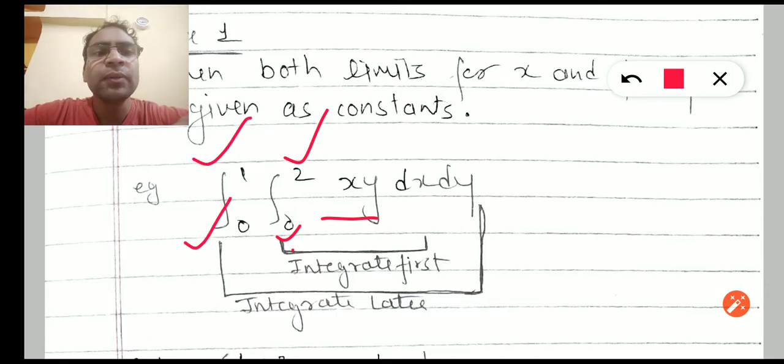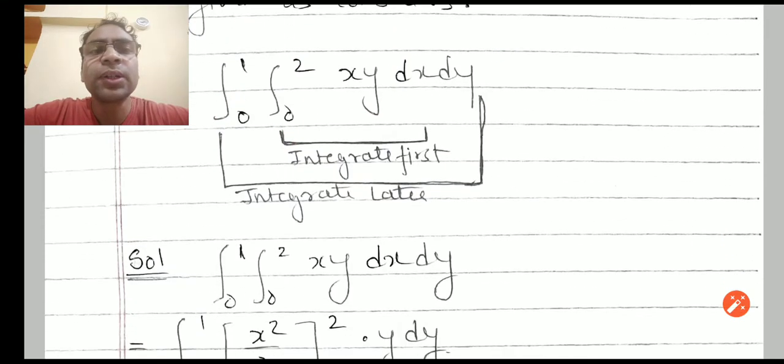In this case we will integrate the inner integral first, and then the outer integral. Here the inner integral is with respect to x, that is dx. So first we will integrate with respect to x, and then we will integrate the outer integral with respect to y. This is the first type.